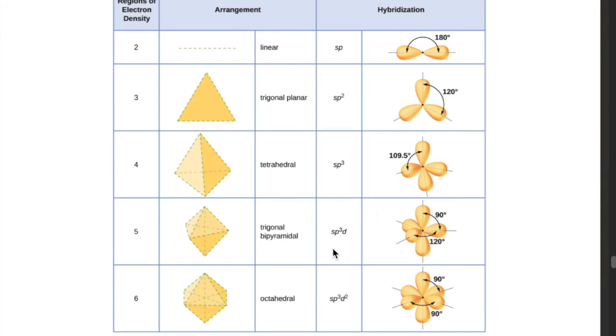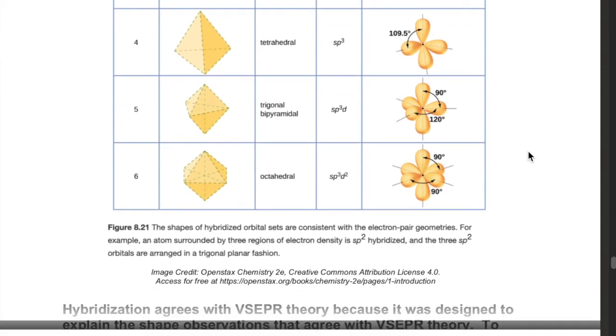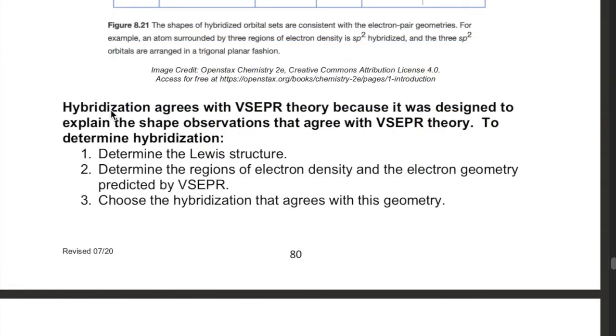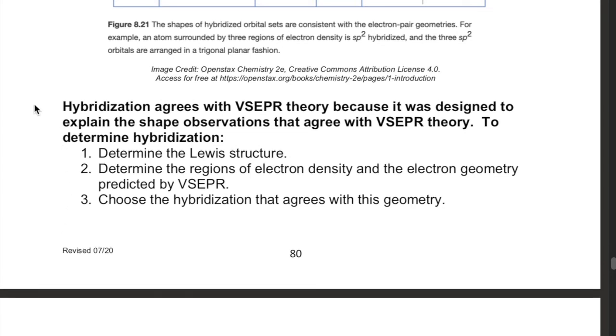And then the 5 are sp3d hybridized, and the 6 are sp3d2 hybridized. So this is the additional information that we're learning in this chapter. It does match what we've learned in the last chapter. It matches the shapes because the whole reason behind the hybridization theory was to explain the shapes. So it makes sense that it matches.